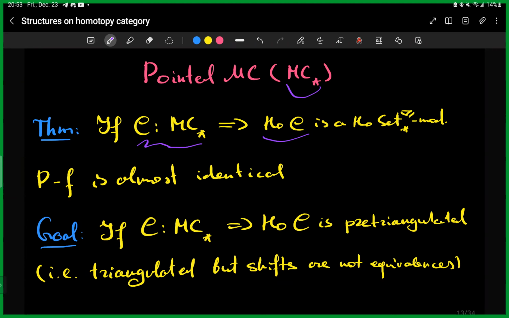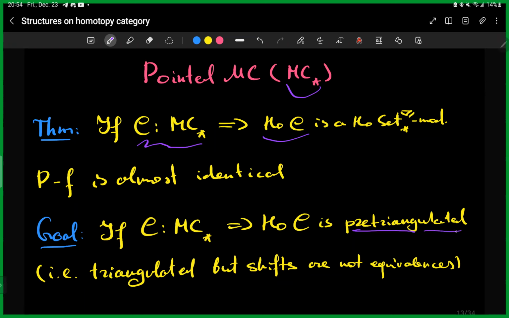So our goal in the remainder of this talk will be to see, not prove, because today there will be very few proofs, how the homotopy category of a pointed model category is pre-triangulated, and even triangulated if C is stable. Let me briefly explain this goal.